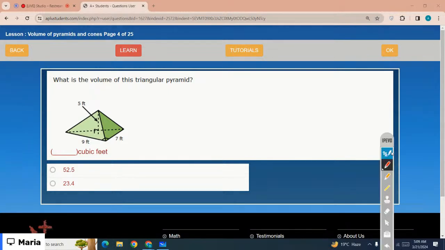First, you have to find the area of base. Base is a triangle, right? So do the same as you calculate the area of a triangle, because the base is a triangle. Got it? So you have to do half times base times height. 9 times 7 is 63 and 63 divided by 2 is 31.5, right?